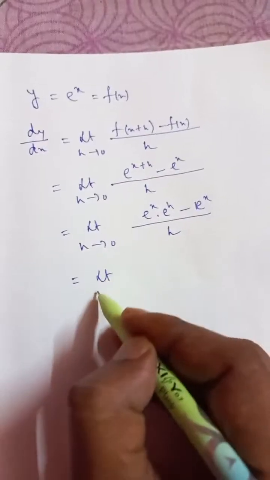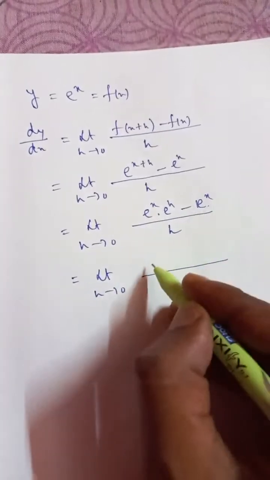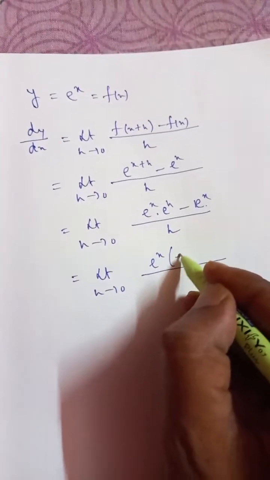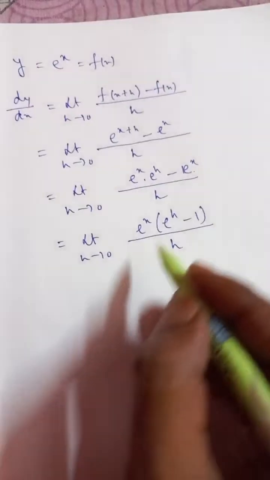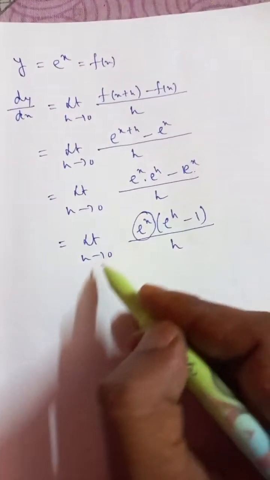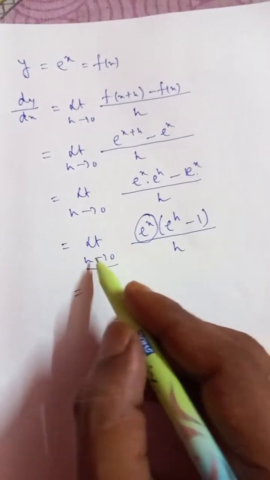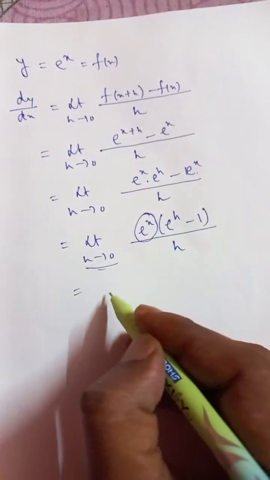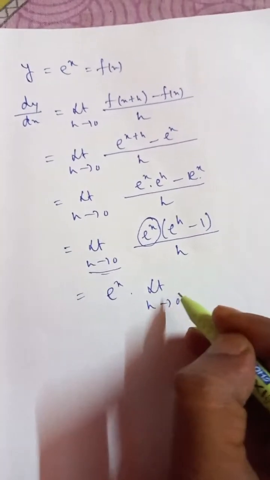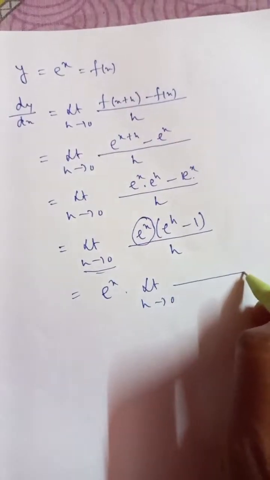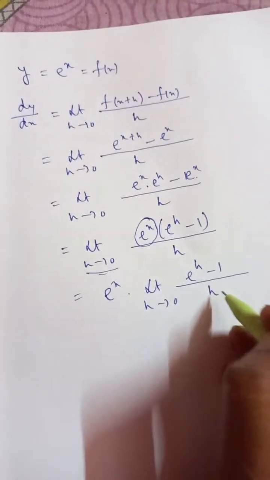So limit h tends to 0. If we take now common e to the power x, we will have under bracket e to the power h minus 1 by h. Now this is a constant form, it will not depend on this limiting value, so you can take it out of the limit. You get e to the power x limit h tends to 0 of (e to the power h minus 1) by h.